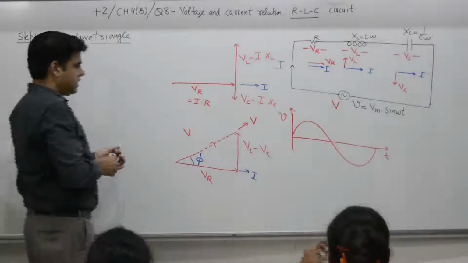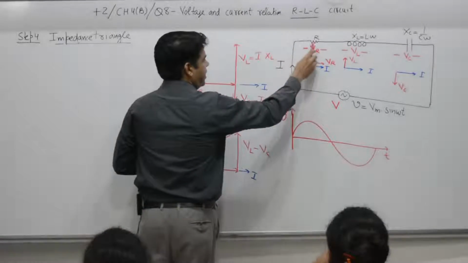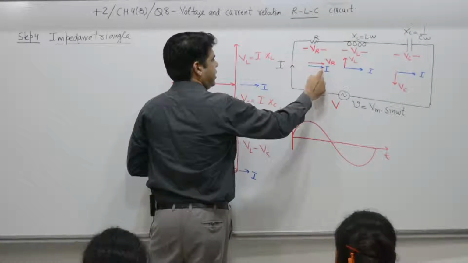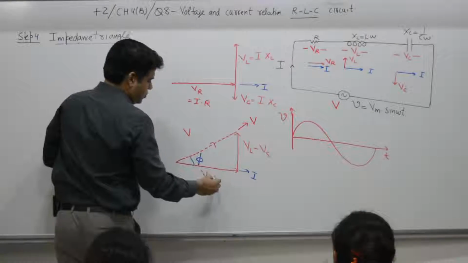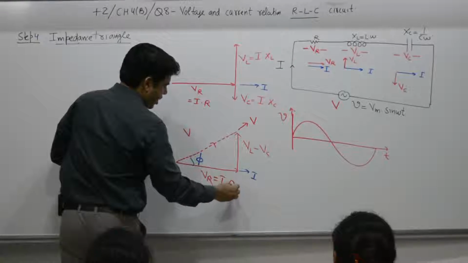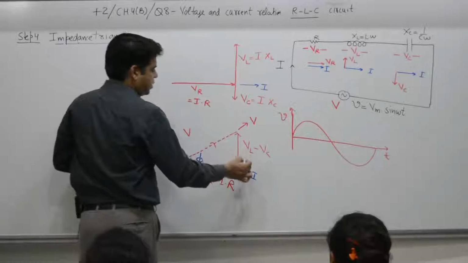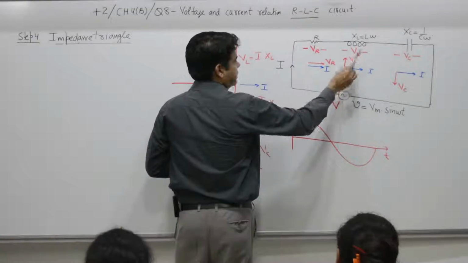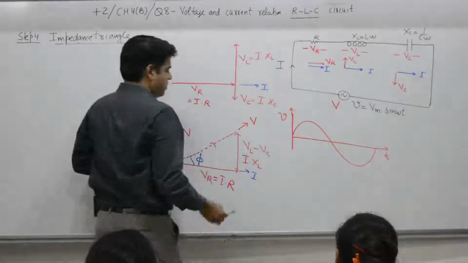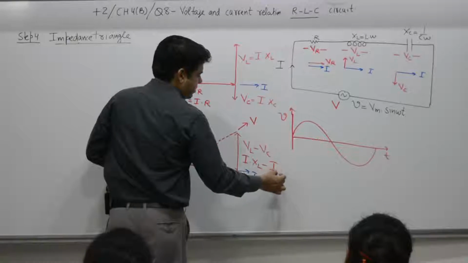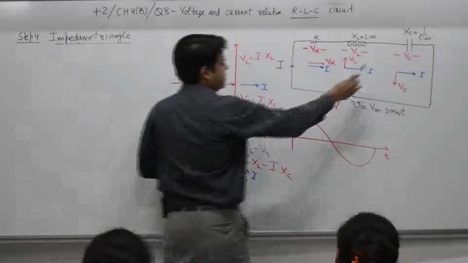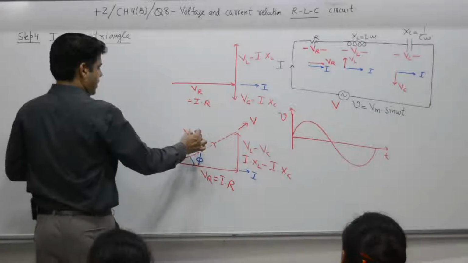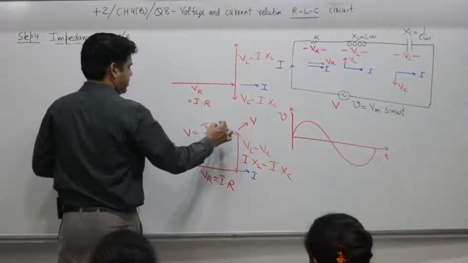VR is equal to what? VR, R and I relationship is what? VR is equal to R into I. VR is equal to I into R. VL is equal to what? I into XL. VL is equal to I into XL. VC is equal to I into XC, and overall V is equal to I into Z.